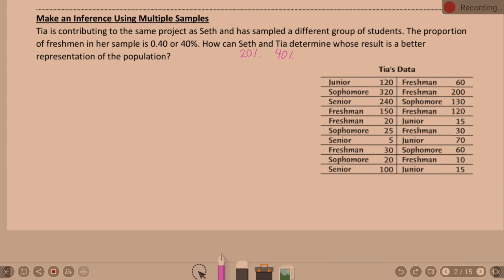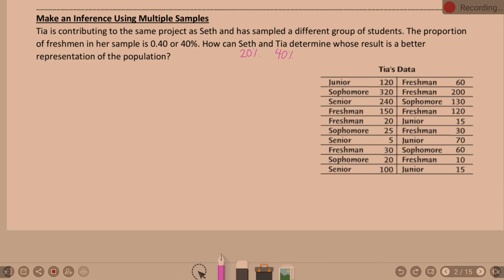Even your small colleges, that's not a very big sample. So what's another option? Could we maybe each have them sample, say, 100 students? Get a larger sample size? Those are the 2 thoughts I want you thinking about: they could look at more samples, or they can look at larger samples.